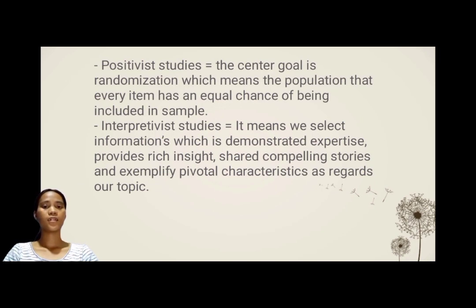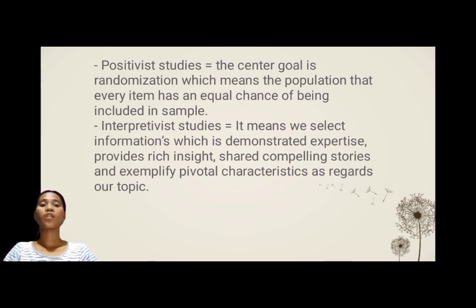In positivist studies, the central goal is randomization, which means that every item in the population has an equal chance of being included in the sample. In interpretivist studies, we select informants who demonstrate expertise, provide rich insights, share compelling stories, and have pivotal characteristics as regards our topic.